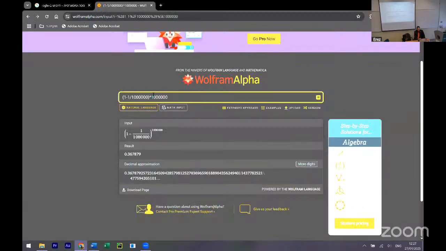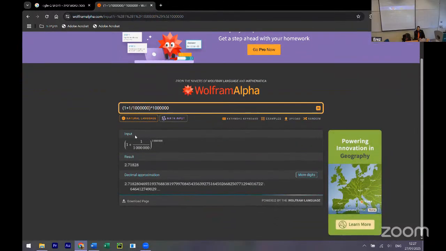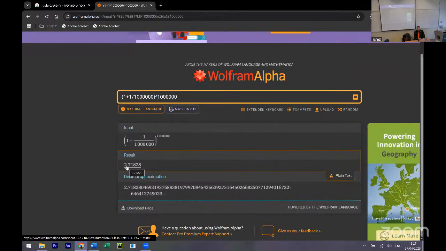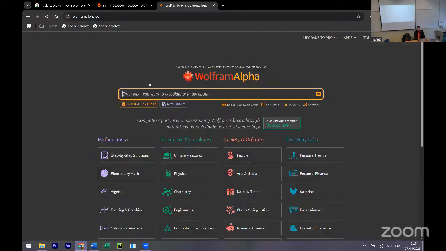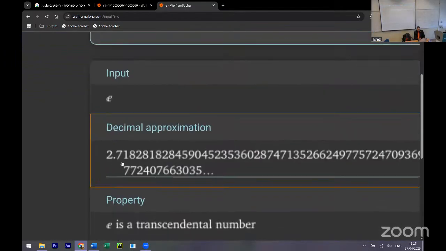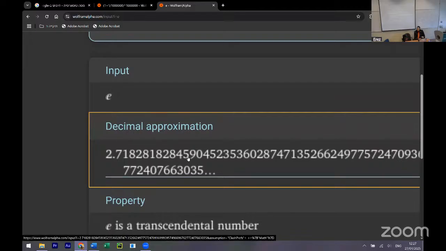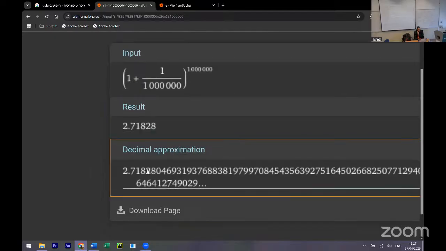And I'll go back to Wolfram and I'll put here plus. So it's 1 plus 1 over a million, in the power of a million. And what is the result? So it's 2.71828. And if I go to Wolfram and I tell it e, it starts the same, but it has many more digits, infinitely more.